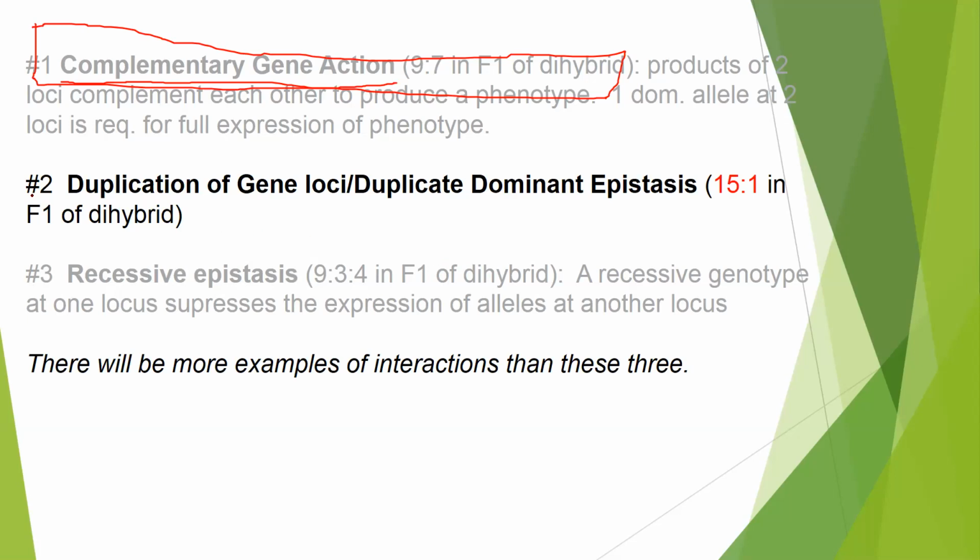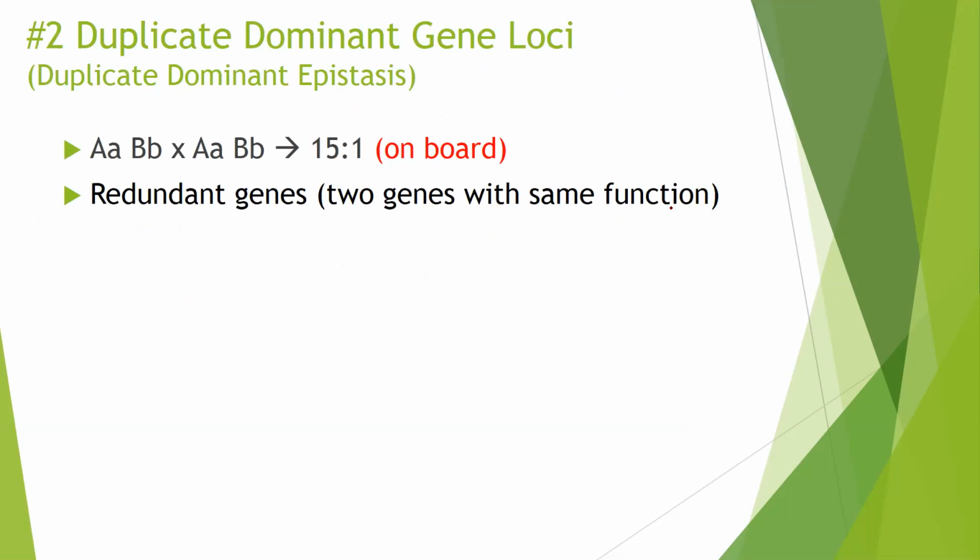Okay. The second one is the duplication of gene loci, or duplicate dominant epistasis. So what is this? This is another variant of the classical ratio. If we got this ratio, it's easy for us to understand how this ratio is related to this ratio, right?